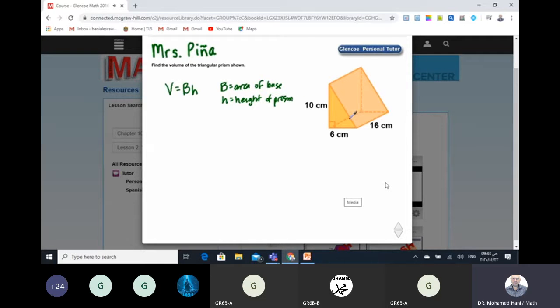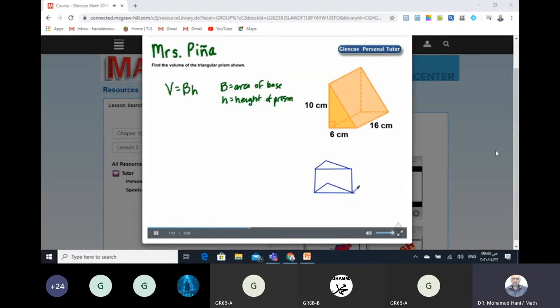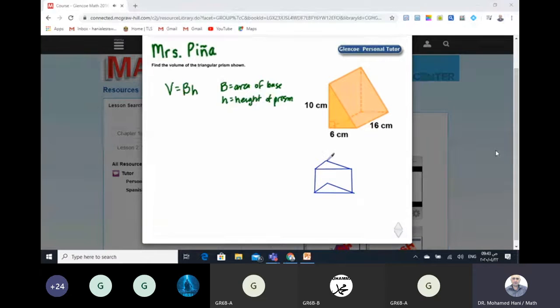To redraw this with the bases on the bottom, the sides, and the one behind it is dashed.